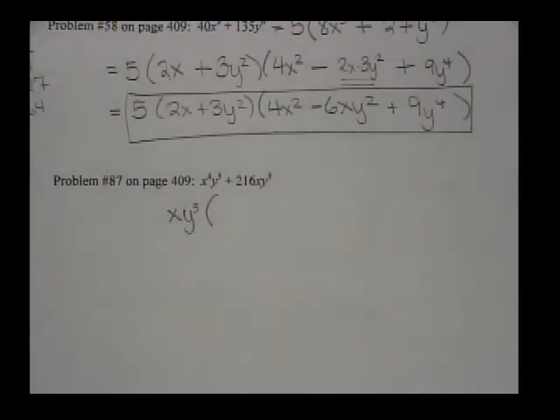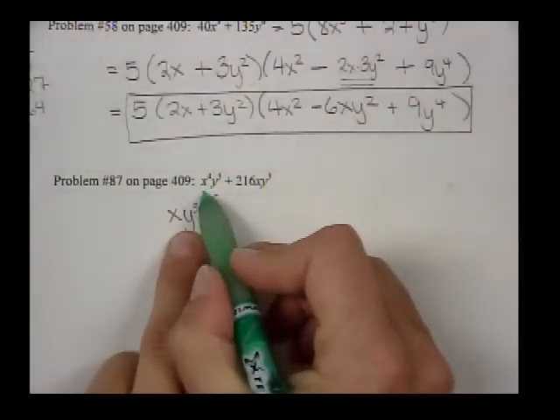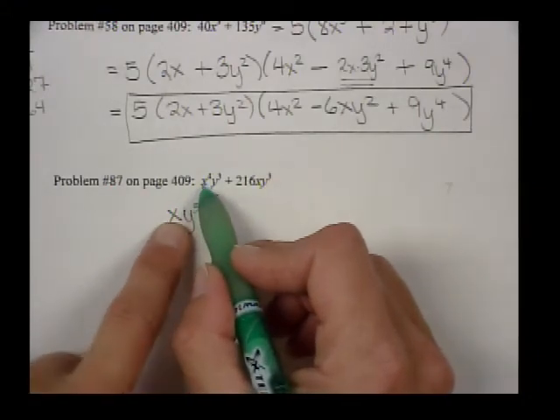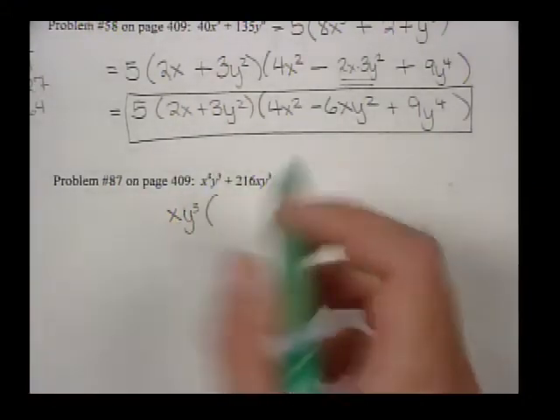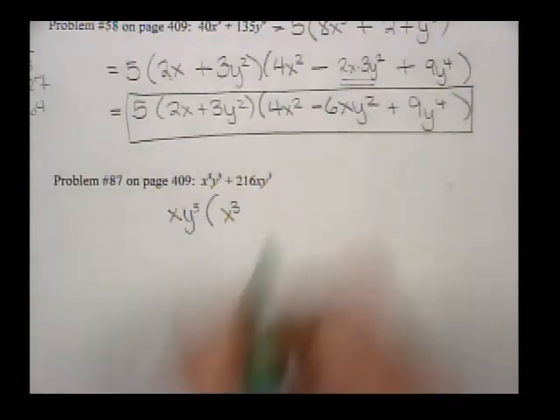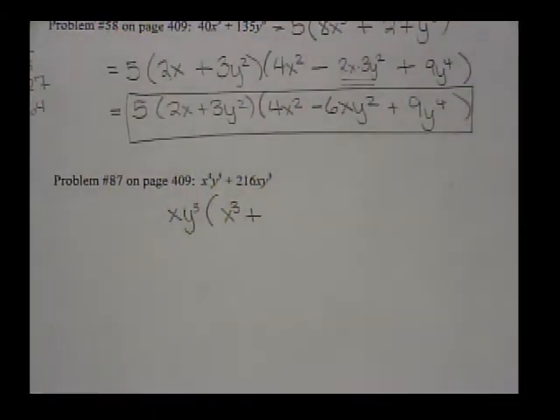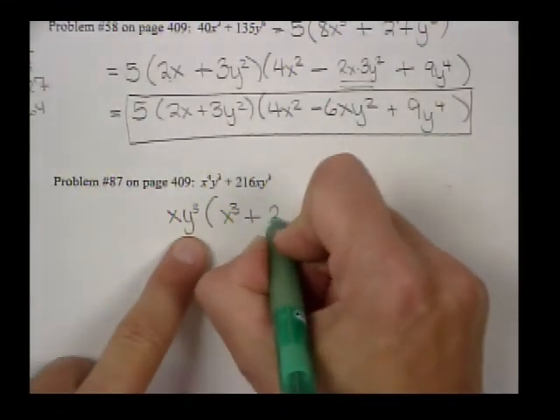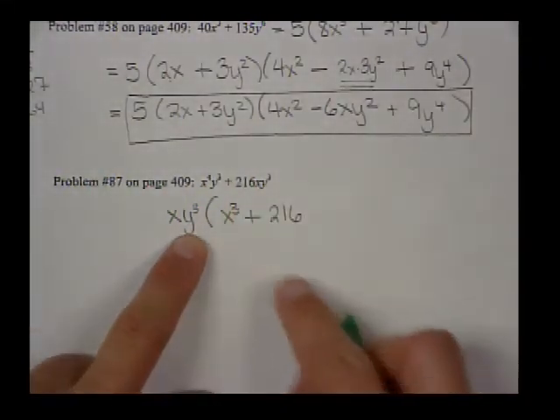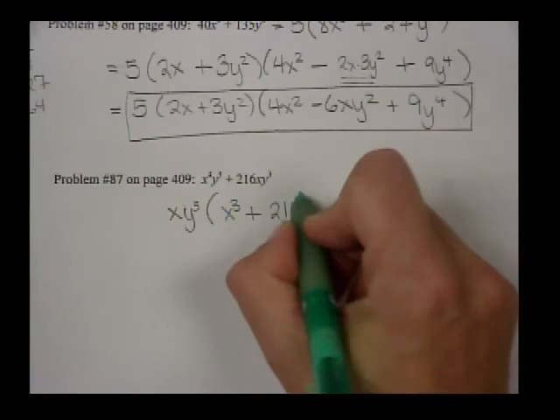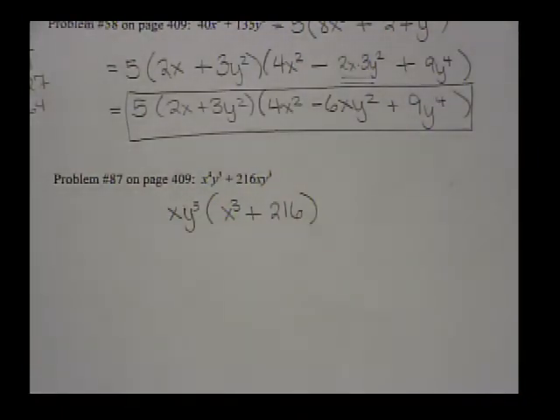And then I should say what's left in each term after I factor out xy cubed. So the y cubed is gone. And if I take out an x, and I originally had 4 of them, then x cubed is left. Plus, so the 216 is still there. And then the x is gone and the y cubed is gone. So that's just it.